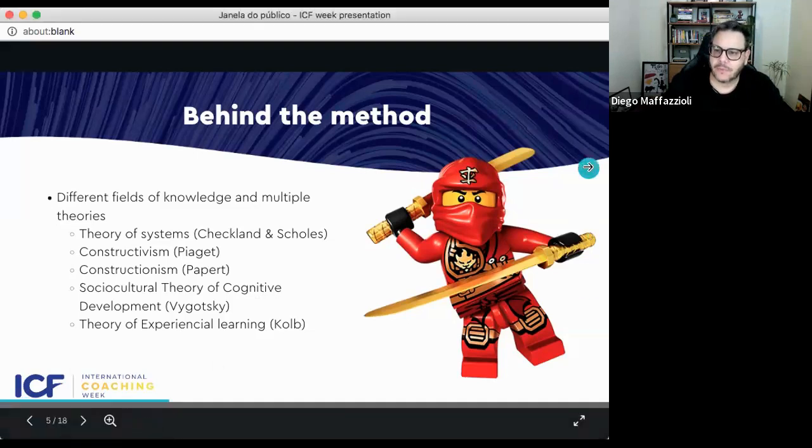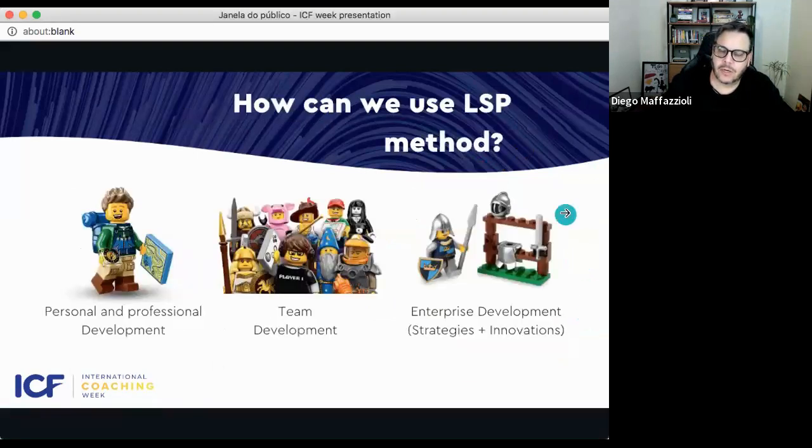Well, now I will talk about how we can use the Lego Serious Play method. And like I said, we can use it for personal and professional development. We can use it for team development, and I use it most frequently this way.